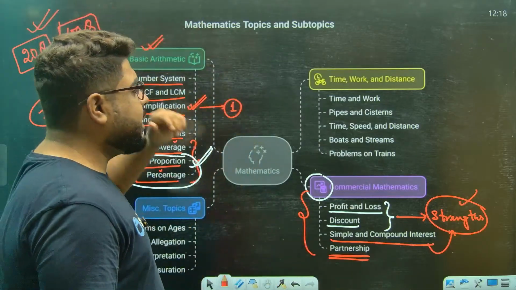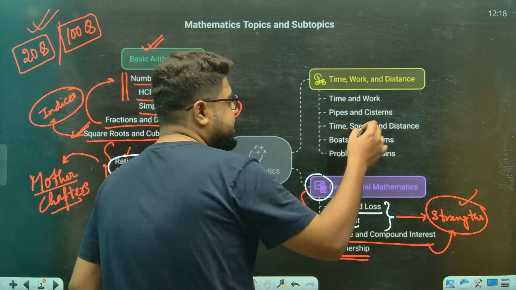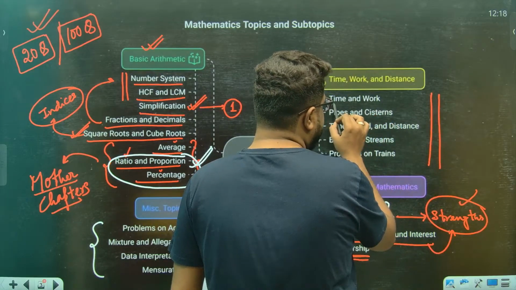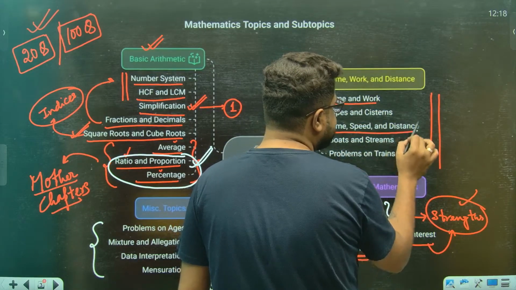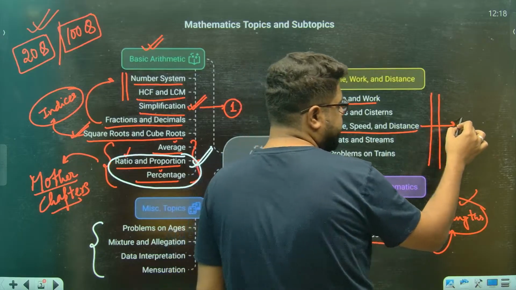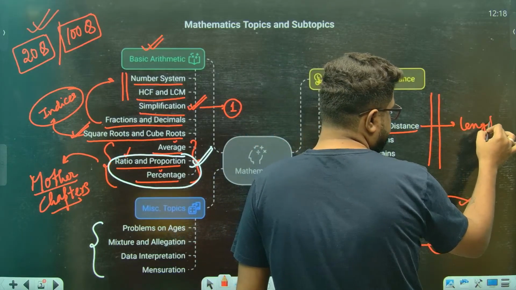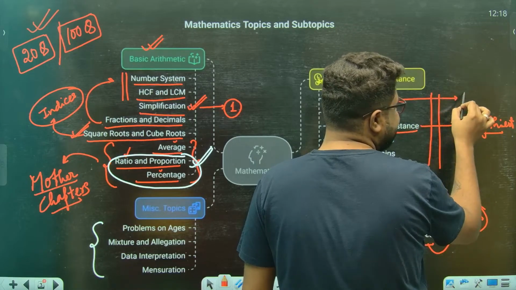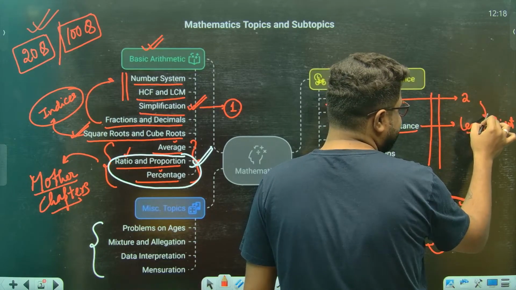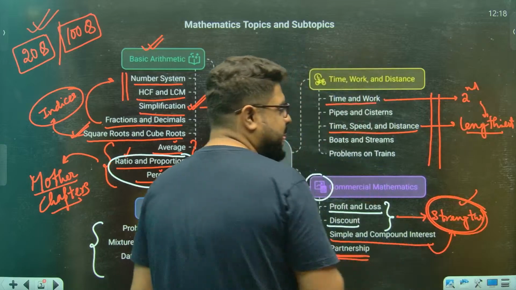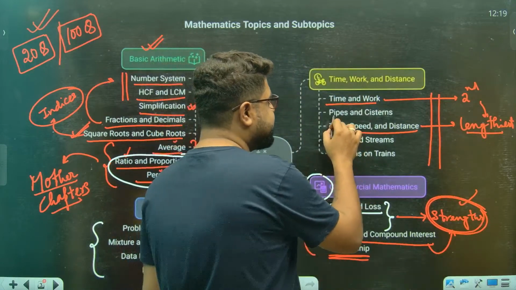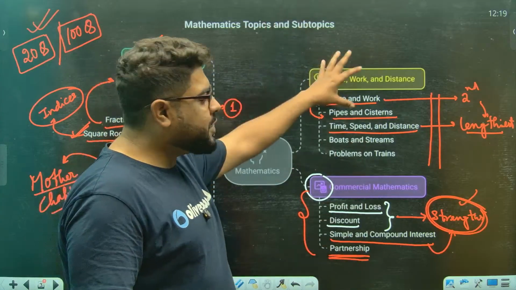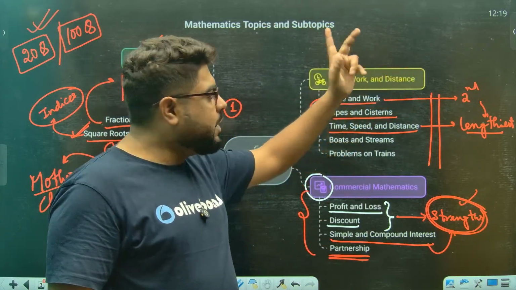Now, time, work, and distance are all lengthy chapters. Time, speed, and distance is the lengthiest chapter, and time and work is the second lengthiest. Pipe and cistern is very much identical to time and work. Why is it lengthy?